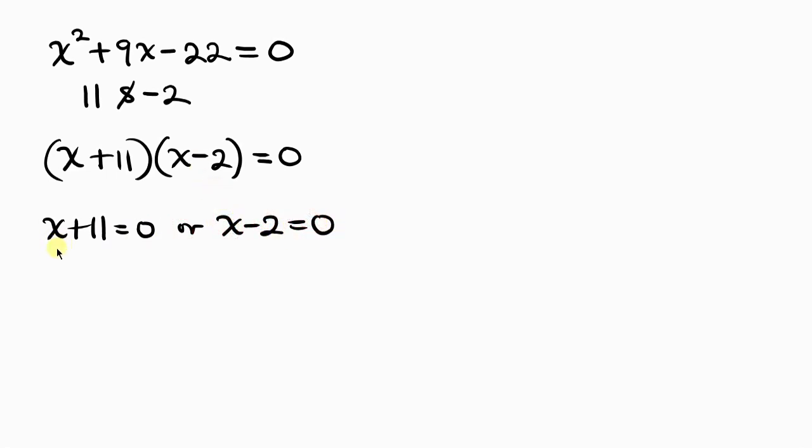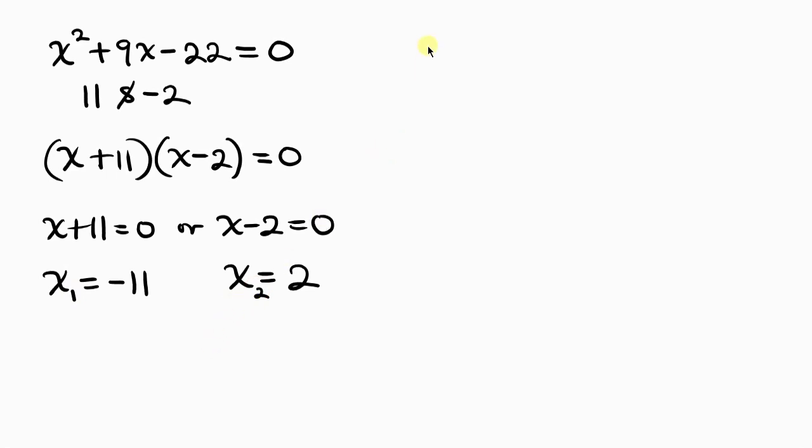For the first case, the value of x will be equal to negative 11 as 11 crosses to the right. And for the second case, the value of x is equal to 2 as negative 2 crosses to the right. So we've got two values of x. This is the first value and this is the second value.